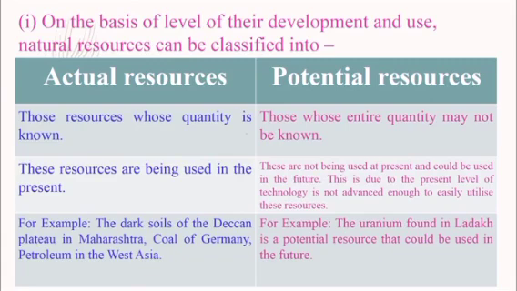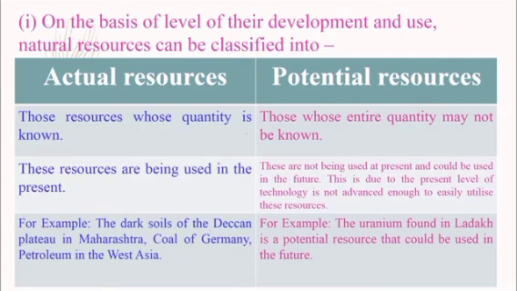Actual resources are being used in the present, whereas potential resources are not being used at present and could be used in the future. This is because the present level of technology is not advanced enough to easily utilize these resources.